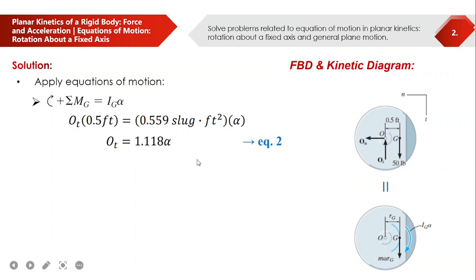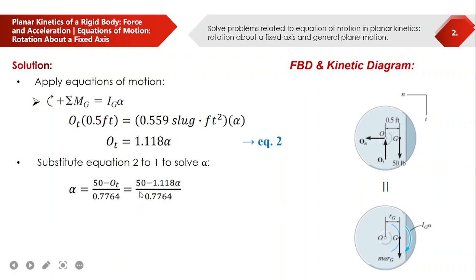So solving for our equation 2, O sub t is equal to 1.118 alpha. So substitute lang natin yung equation 2 sa equation 1 natin. To solve for our alpha, your alpha is equal to 50 minus O sub t over 0.7764.